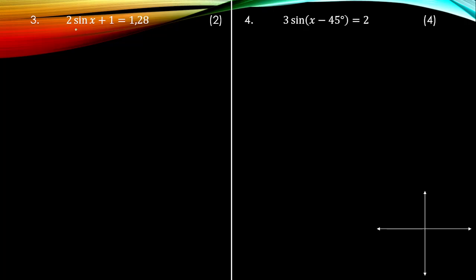So remember I said that you need to isolate the x, the variable, before you can even start. And also we're dealing with 1,28. We should know right away that 1,28 is off sine x's original mother graph. I mean, we said originally that sine x can only go from 1, not higher than 1, to -1, not lower than -1.